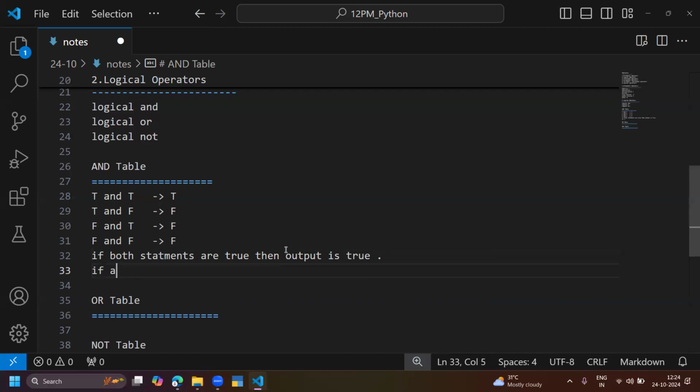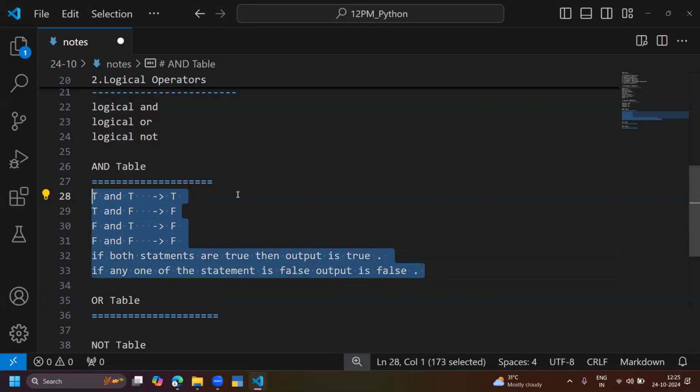If any one of the statements is false, the output is false. Exactly. So in this way, you have to remember the AND table.